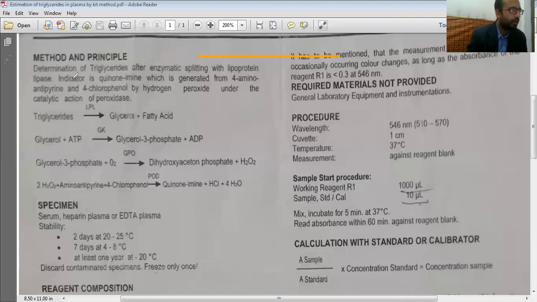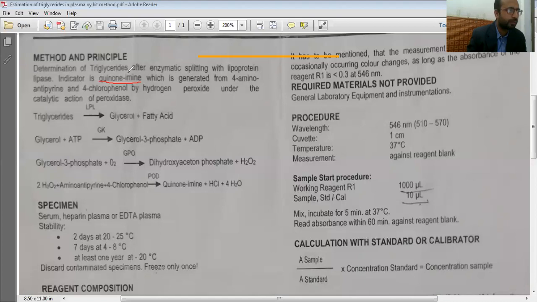blood serum. First of all, determination of triglycerides after enzymatic splitting with lipoprotein lipase. The indicator is quinoneimine. This is the colored compound which will be formed at the end of these biochemical reactions, and this compound will be placed in the spectrophotometer and it would absorb the light.